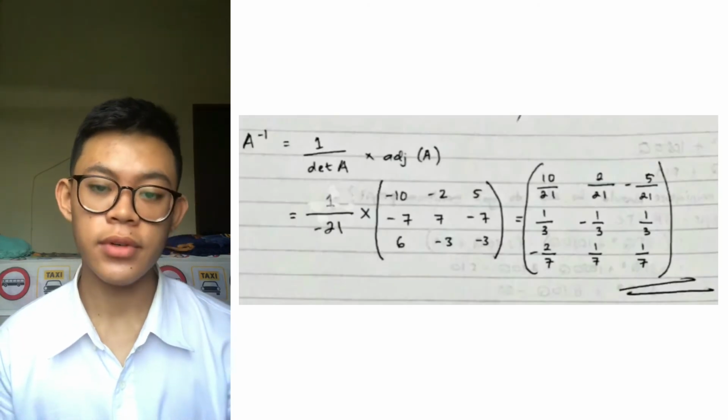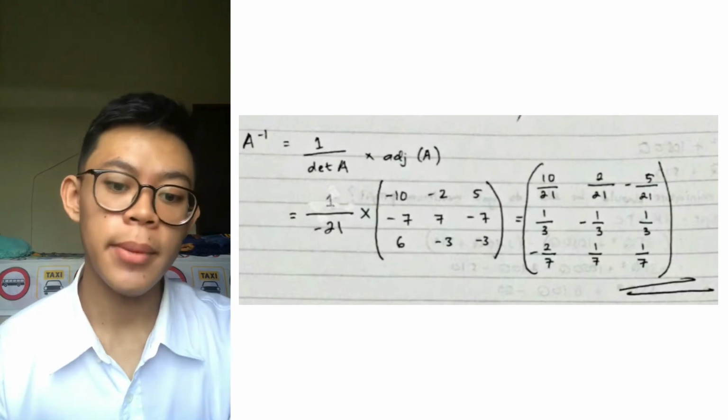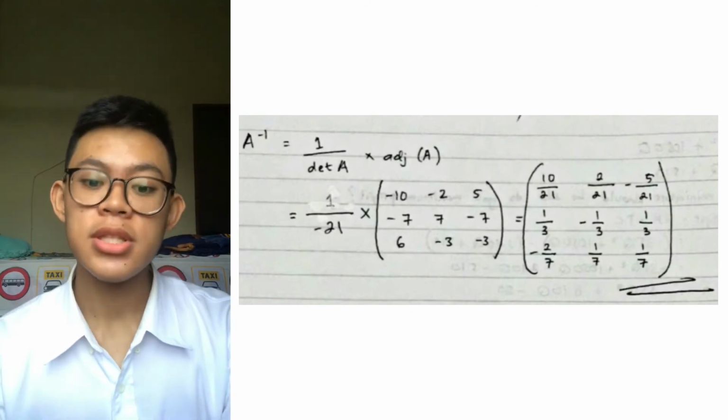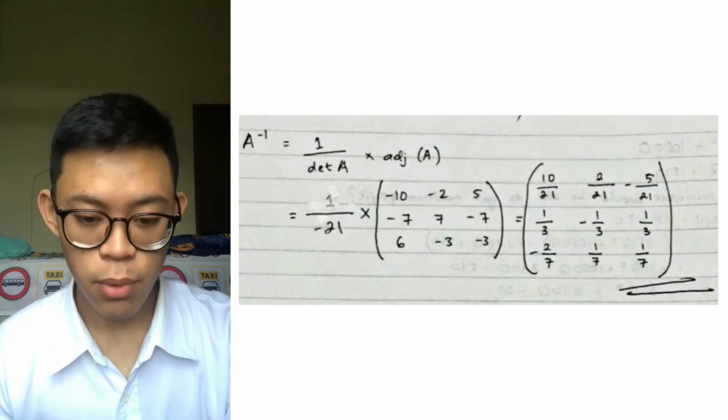Okay, now we're going to find the final answer, or the inverse. To find the inverse, the formula is 1 divided by determinant A multiplied by adjoint A, or the cofactor A transpose.